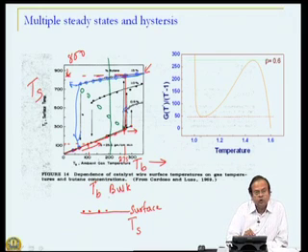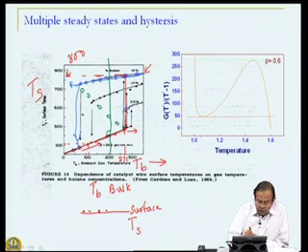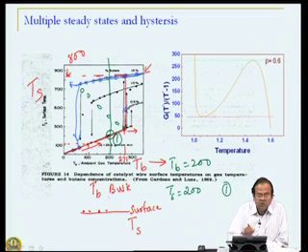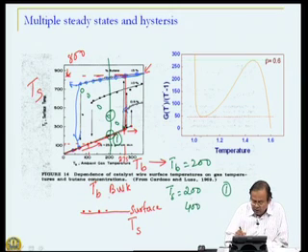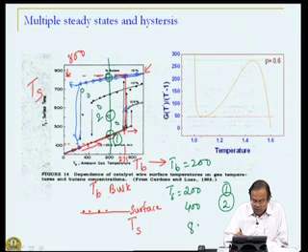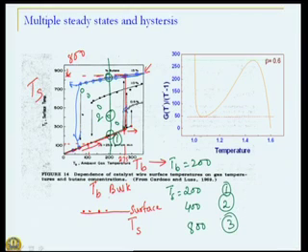At this bulk temperature of 200, I had a possibility that my surface temperature is also 200. So, my bulk temperature is 200, surface temperature is 200, solution 1, or it could have been somewhere over here. This is just an approximate value, but believe me that solution is there around 400, that is solution 2, or this value which is about 800, solution 3, a behavior which is similar to what we saw in the previous scenario.